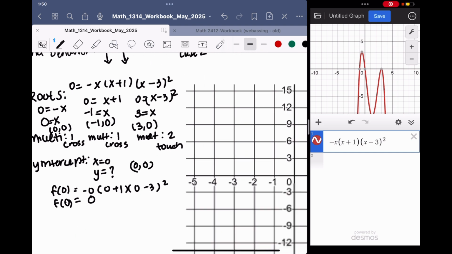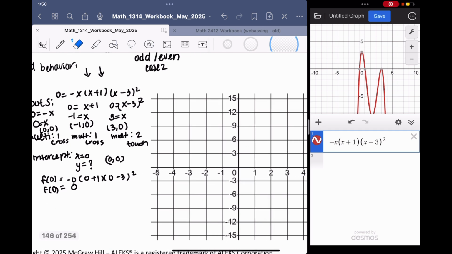All right, so let's sketch this and let's see if we can match it to the graph on the right, which is what we've already typed in. We have 0, 0. We have negative 1, 0. And then we have 3, 0.